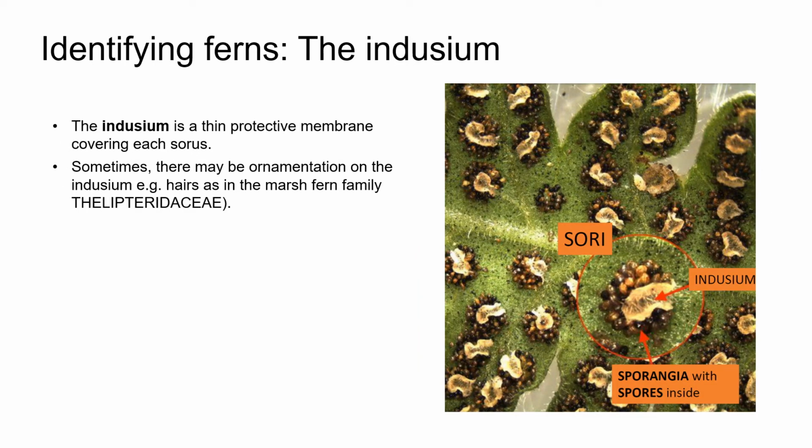The indusium is a thin protective membrane that covers each sorus on most ferns. Sometimes there might be ornamentation on the indusium. For example, the marsh fern family has hairs on the indusium. The direction in which the indusium peels away can also be an important identification characteristic.